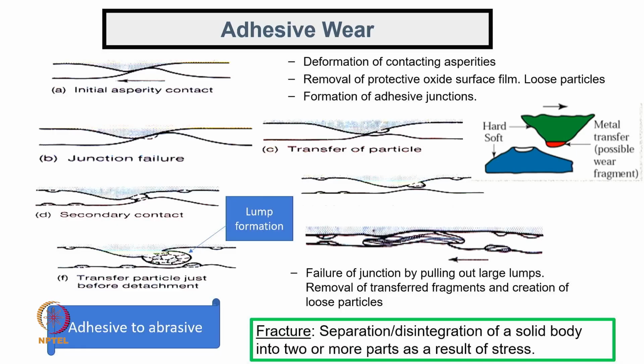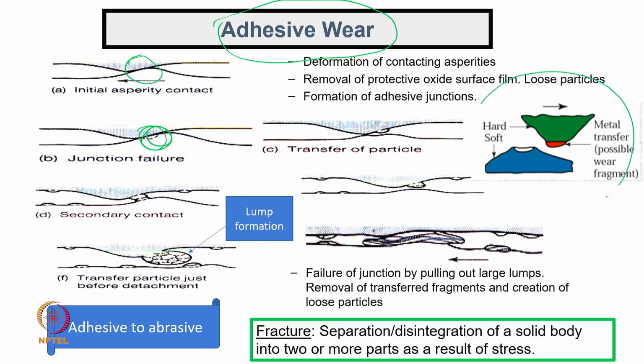Now, previously, in the previous slide, I tried to explain about other mechanisms. I presented this slide on the adhesive wear mechanism. What was in the adhesive wear mechanism? I mentioned very clearly, there is a bond formation or molecular attraction in the surface, and because of the molecular attraction between the surfaces, there will be some sort of cold welding, and under sliding motion, the material will get transferred.